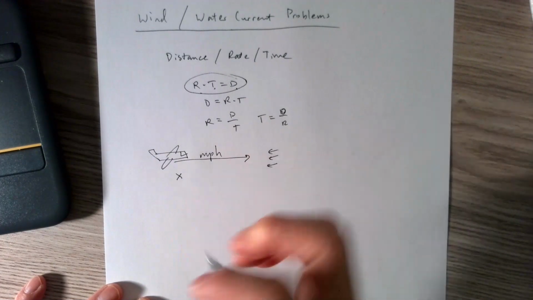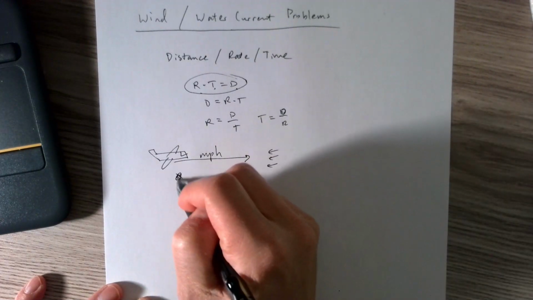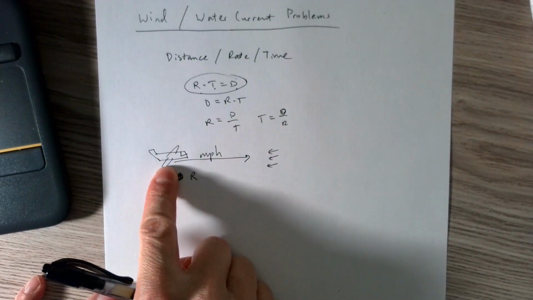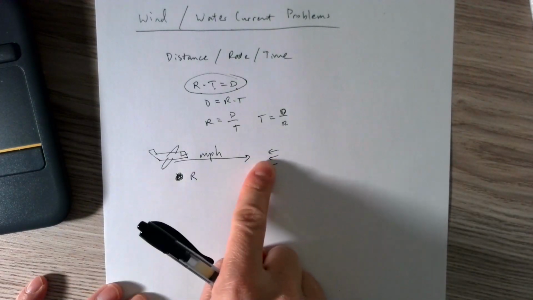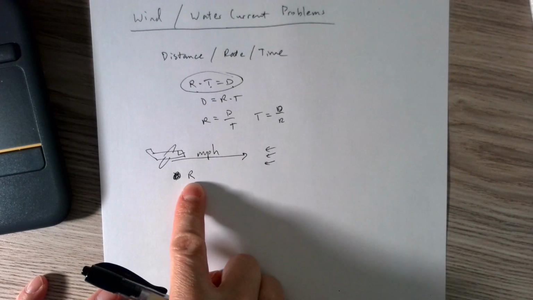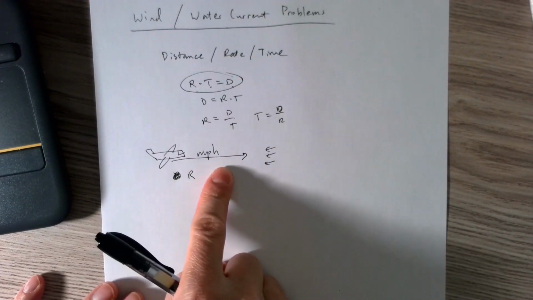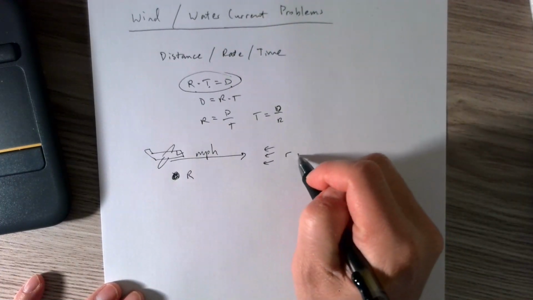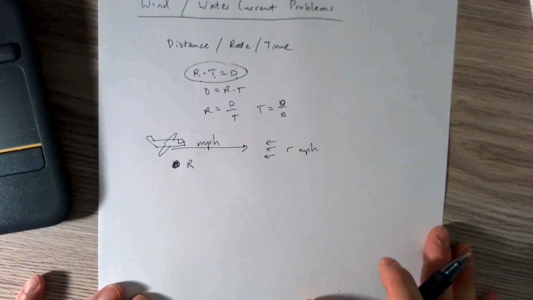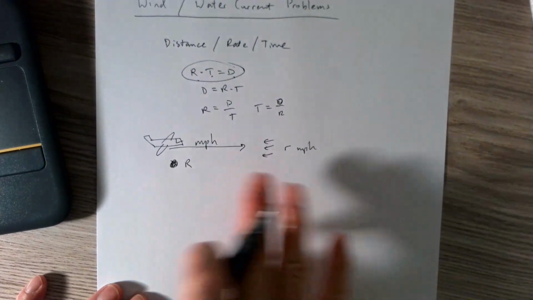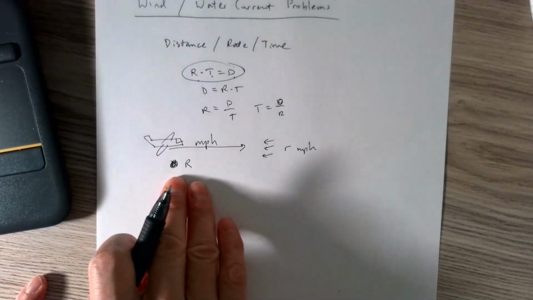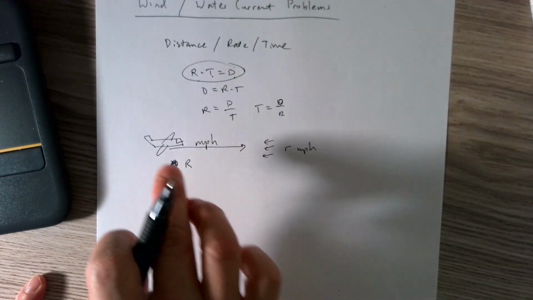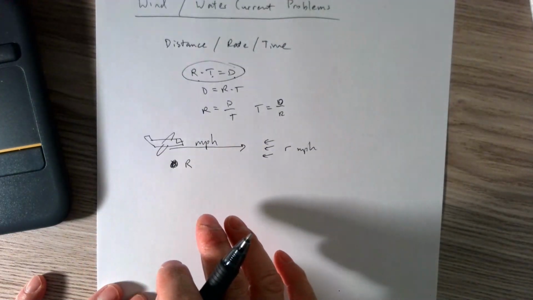So if I call, well, I'll use an R since we're talking about rate. If the plane, without any help or anything working against it, has its own speed of capital R, miles per hour, when this wind, which has its own speed of small r, miles per hour, hits this thing going at capital R, miles per hour, overall, the speed of the plane will decrease, right?